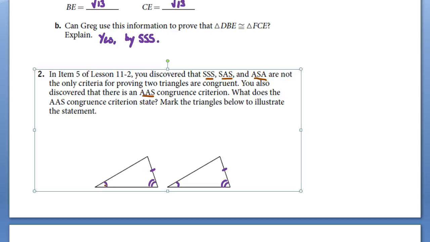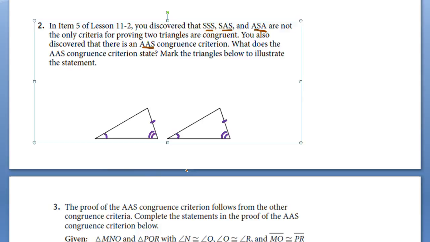So this means that 2 angles in the first triangle are congruent to 2 angles in the other, and that the non-included side is congruent. So not this side here, but either one of these other sides. And I chose to put the mark here, and then on the other triangle to put the mark here. This is showing angle, angle, side.